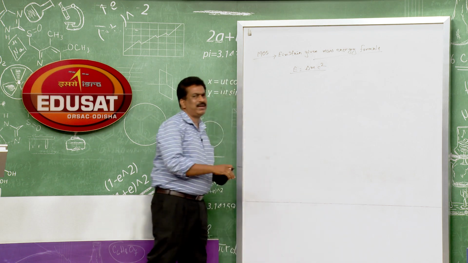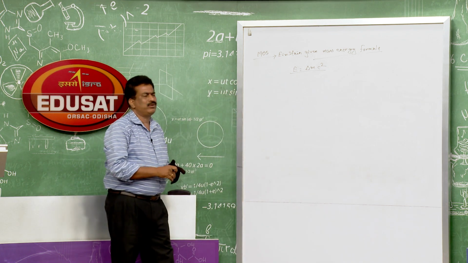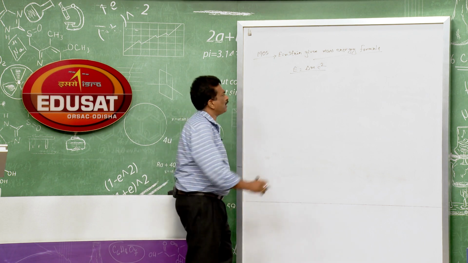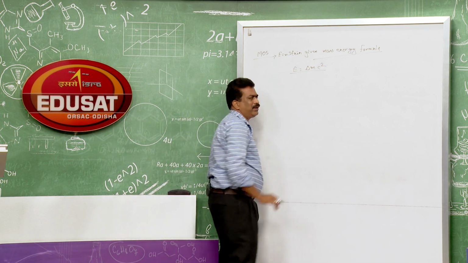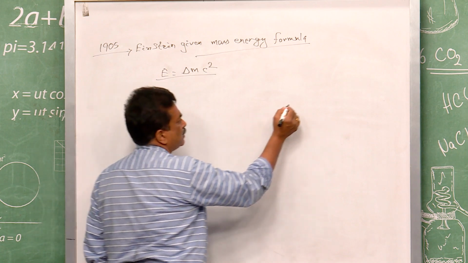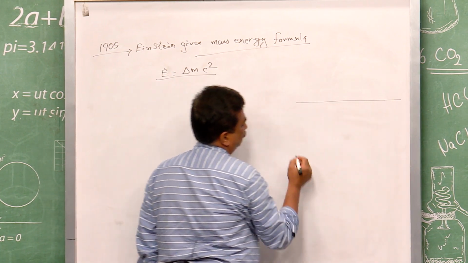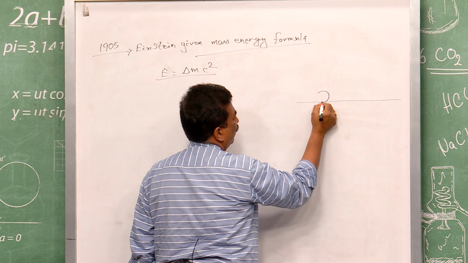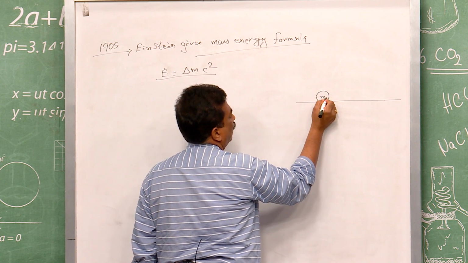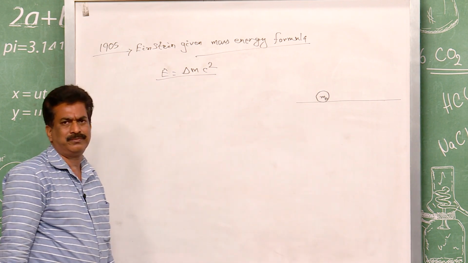So when I have written E is equals to del m c square, you may be in a dilemma: how is that E is equals to del m c square developed? Suppose this is the path on which we have taken a body of rest mass m0.